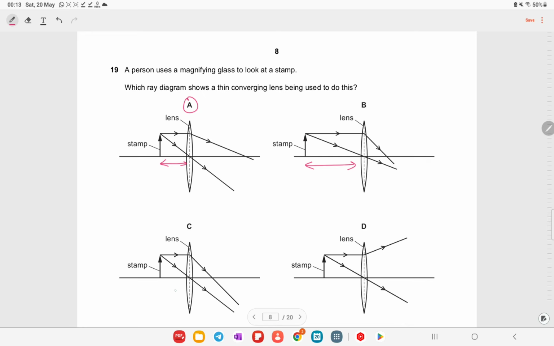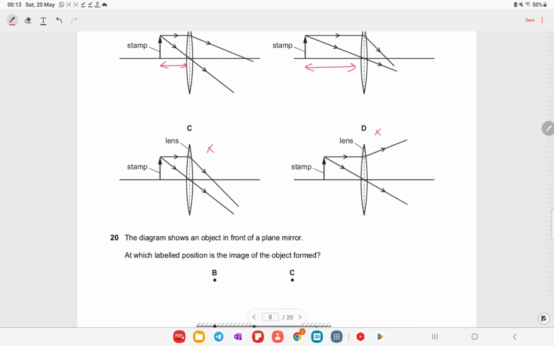This is not possible, and this is also not possible. Whenever you place an object closer, inside the focal length, you see that object is going to be magnified.